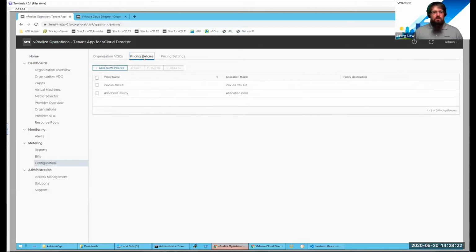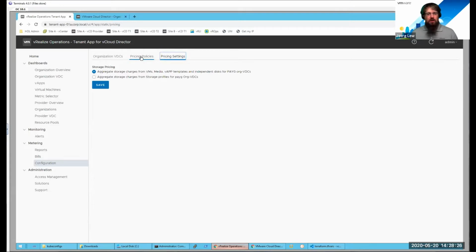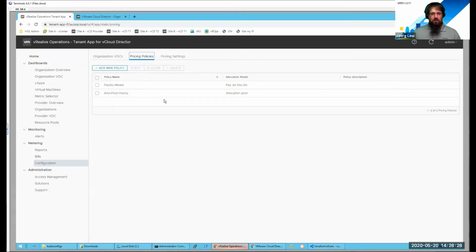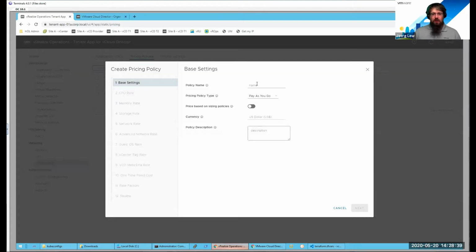And of course, you can define the pricing policies and some additional configuration here. And that's where we, I guess, spent the rest of the time of this session to talk about the different options that we have here. So for demo purposes, let me just add a new pricing policy here. And then I think we can go step by step through the different sections and see what we have here.